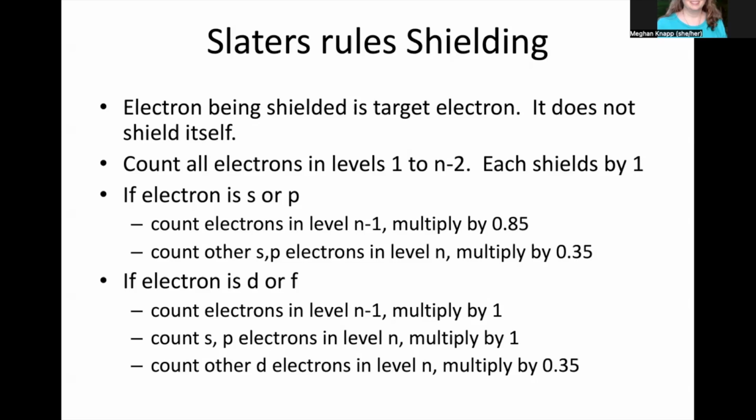They also get multiplied by 1. Then I'm going to count the s and the p electrons that are in the same energy level. So remember, I have a 3d, so the 3s and the 3p are also going to get multiplied by 1. So everything is multiplied by 1 except that one other d electron, which is multiplied by 3.5. All right. I add up all those numbers, and that's how much shielding is going on.